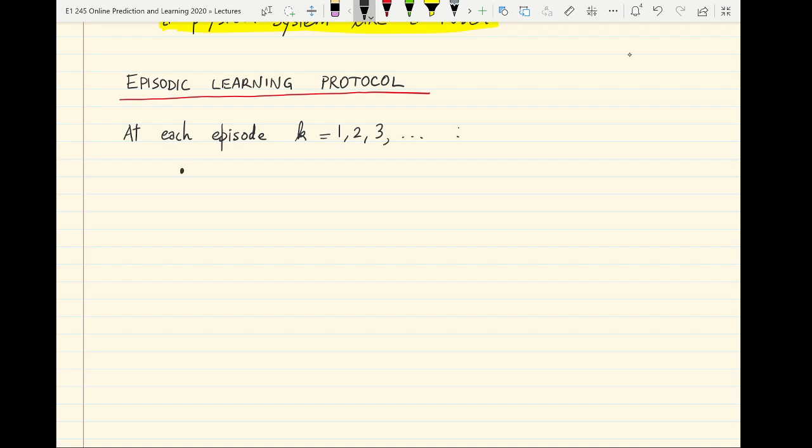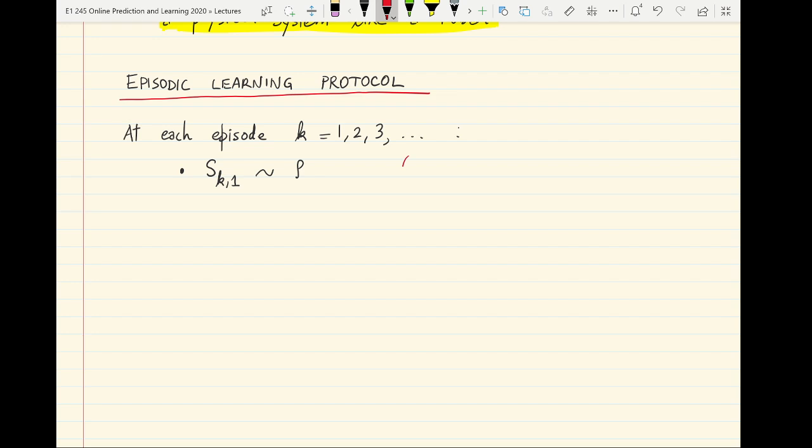what happens is that the environment or the MDP sets the start state to be drawn from the probability distribution rho of the MDP. So, S_k1 is notation for the first state of the MDP in episode k. This is drawn according to the MDP's intrinsic initial state distribution.